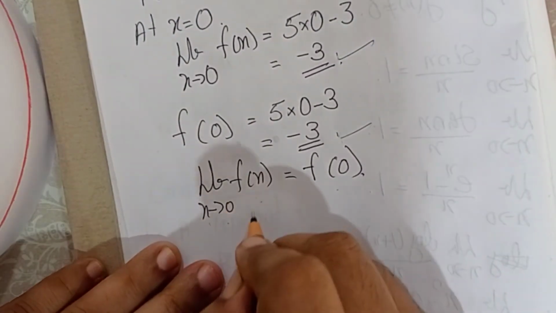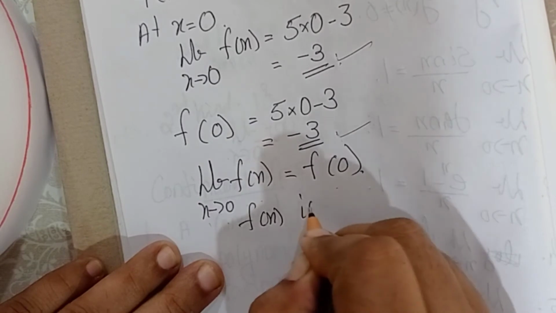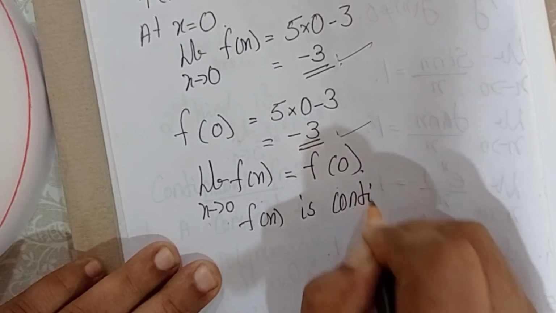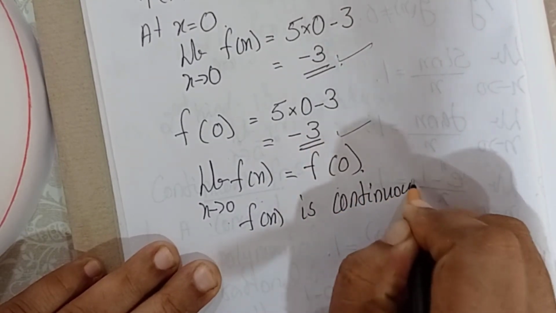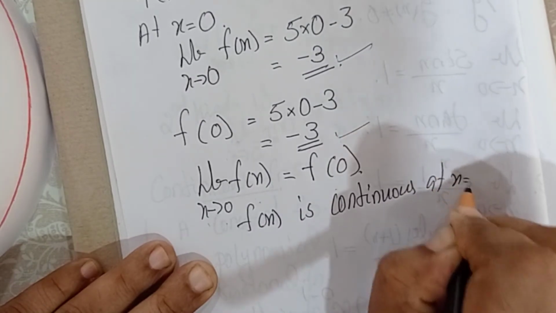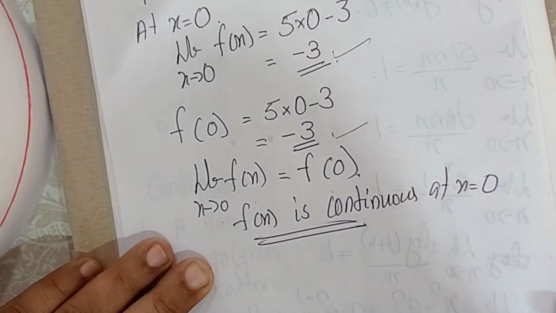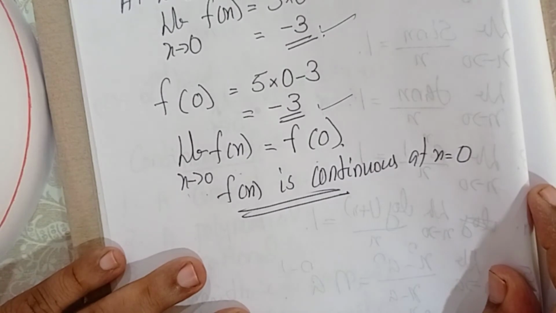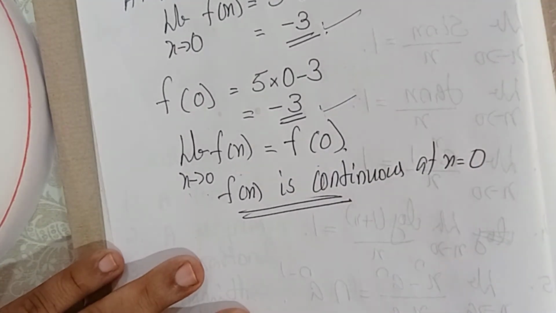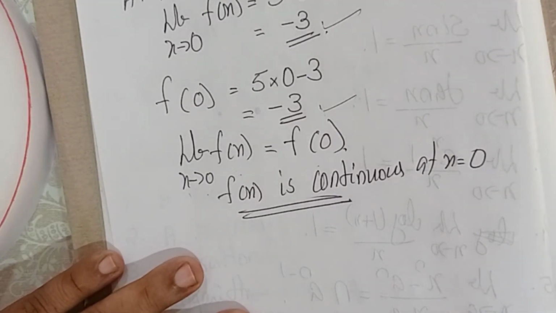Therefore, f(x) is continuous at x equal to 0. That's the first property. Limit x tends to a f(x) is equal to f(a). We can say that the function is continuous.